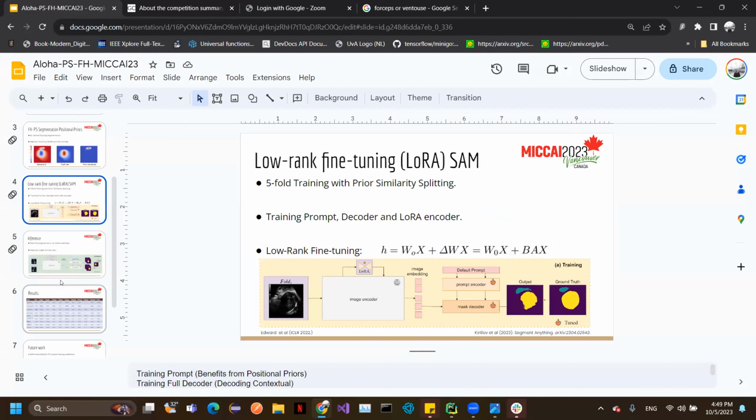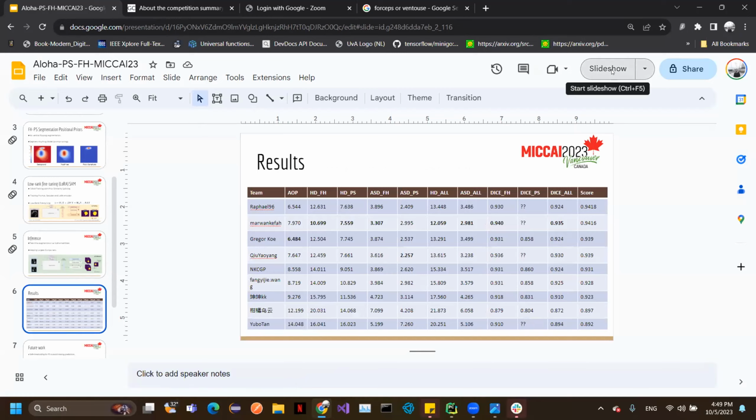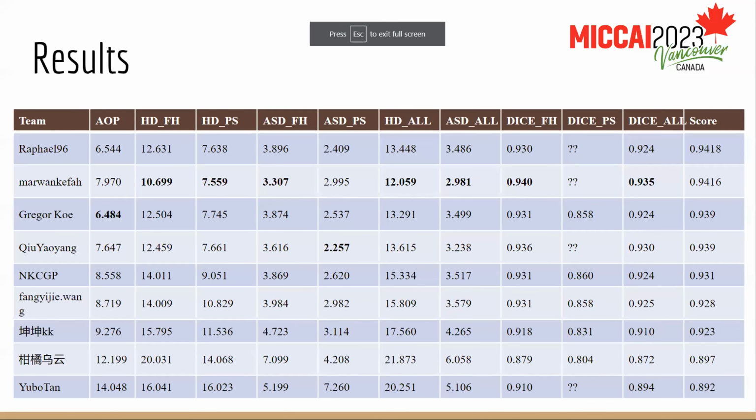If we get a good result on FH-PS segmentation, we can't reproduce a good angle of progression, so in our studies we concluded that we may not get good performance on the measurements.